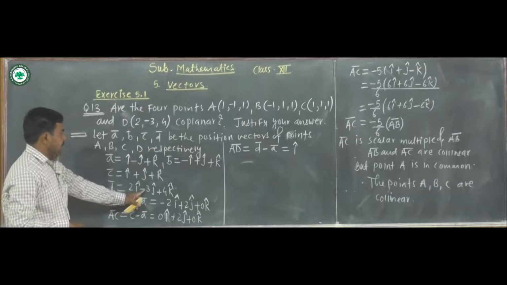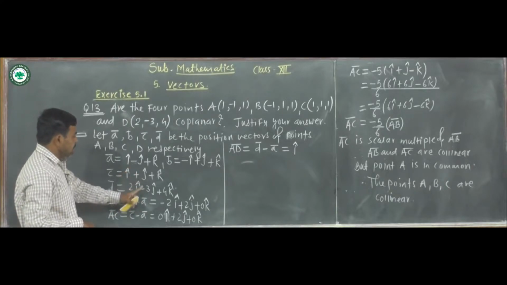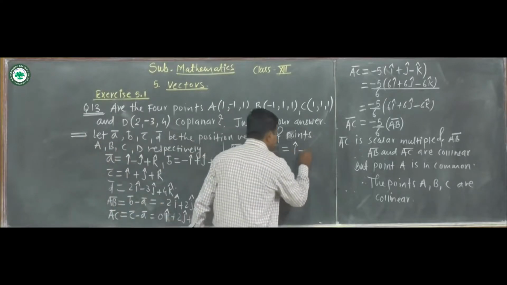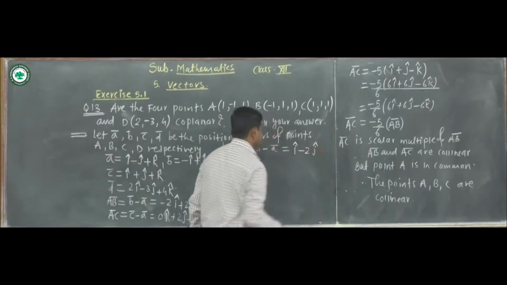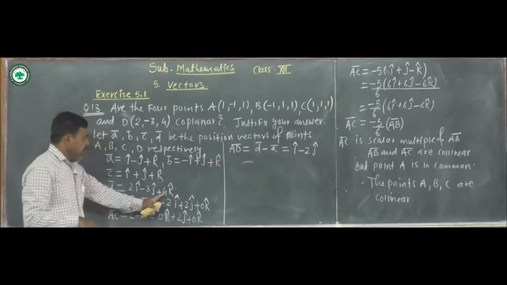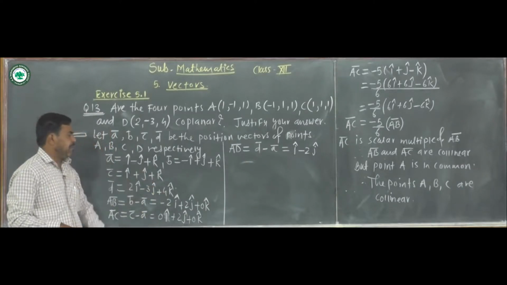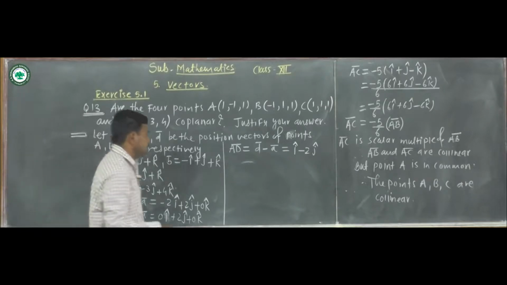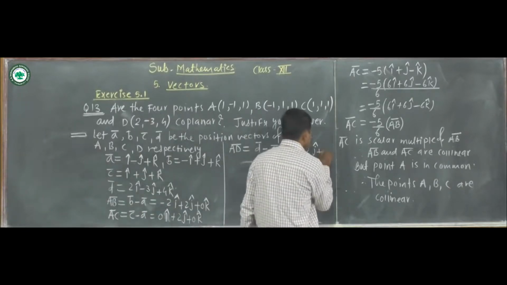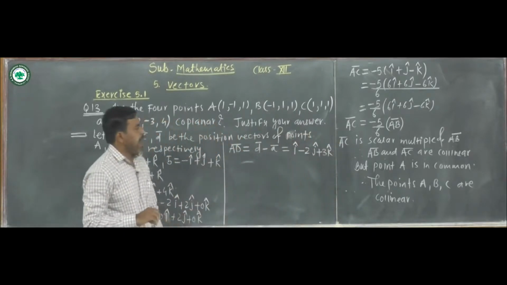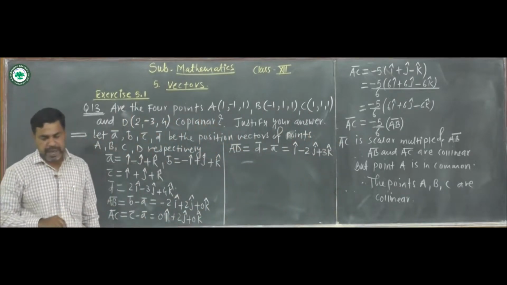Minus 3J cap, and minus minus become plus, minus 3J cap plus J cap, that is minus 2J cap. 4K cap minus K cap become plus 3K cap. So this is AD bar, I cap minus 2J cap plus 3K cap.